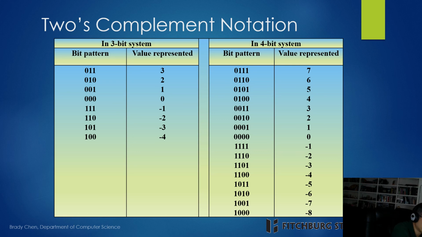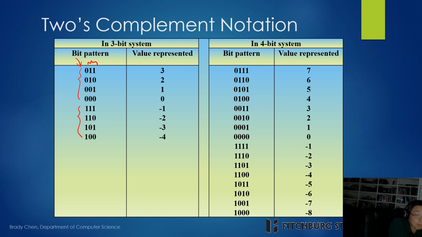So if the most significant bit is 0, it represents a positive number. 1 represents a negative number, right? So that leaves us only 2 bits to represent the actual number, the absolute number.